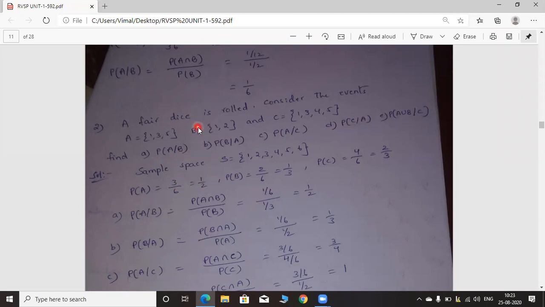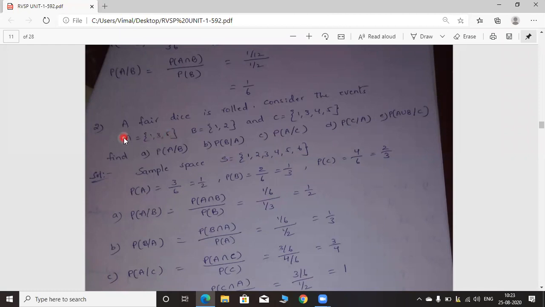So here a single die is rolled. That's why the sample space becomes 1, 2, 3, 4, 5, 6. We have only 6 possible outcomes because a single die is rolled. Okay. So the sample space is defined like this. What is the probability of A?